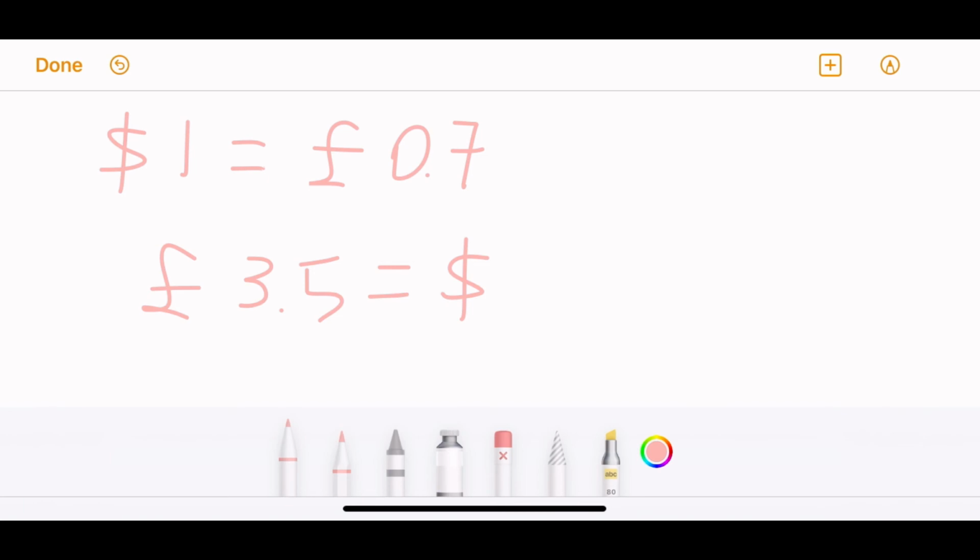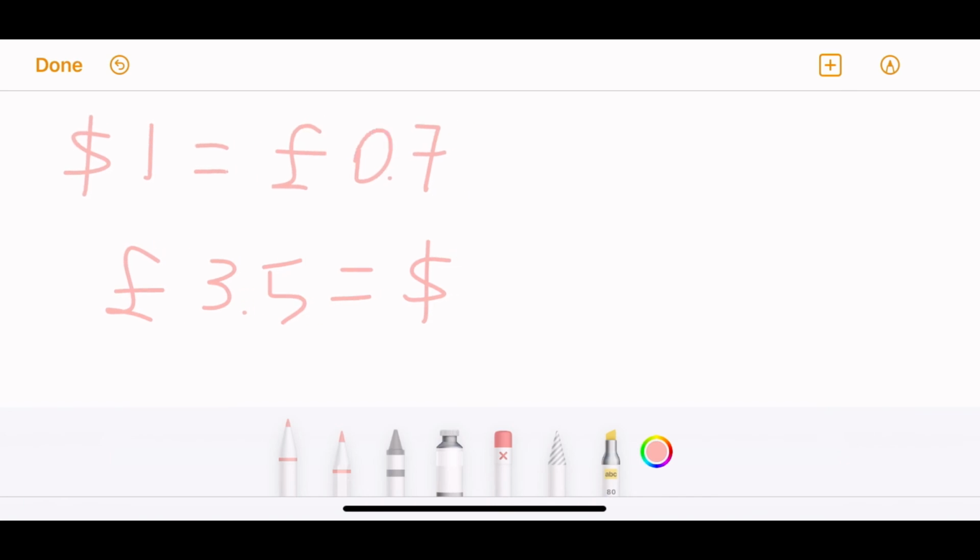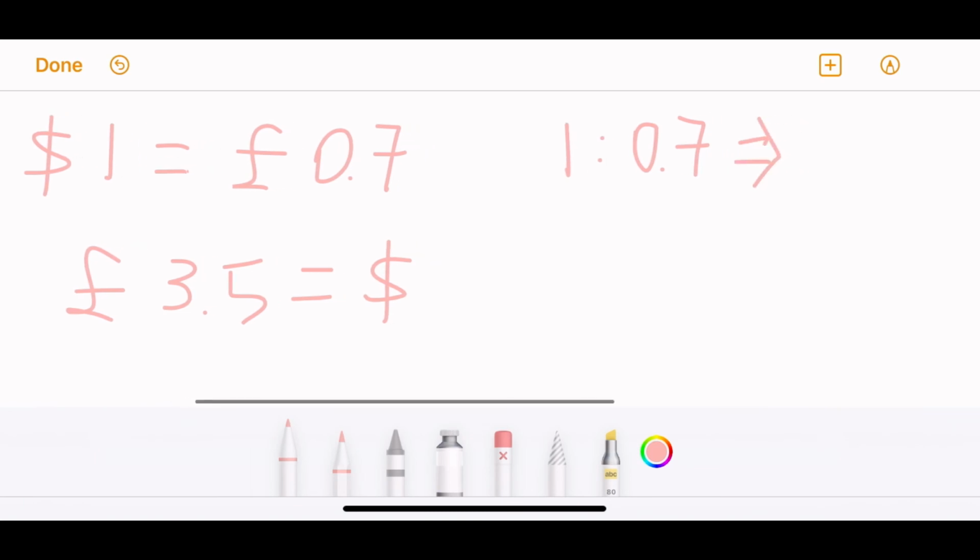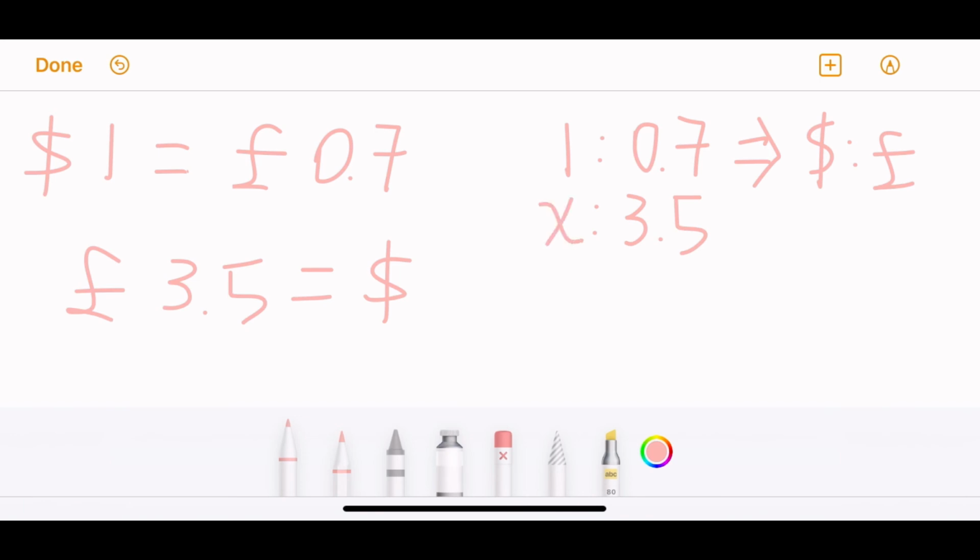This is a method I really like to work with in these types of questions. So I'm going to write down the ratio 1 to 0.7, and that's the ratio from dollars to pounds. Then the new ratio is that we know the pounds is 3.5 and we want to find the dollars, so we're going to let that be x.